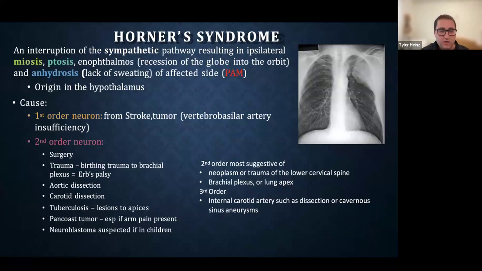It's just giving you a clue that something else is going on. So your big takeaway here is your PAM. I just want you guys to remember that. If you're seeing your ipsilateral miosis, ptosis, and the anhidrosis, start looking for things that may be causing that Horner's syndrome.